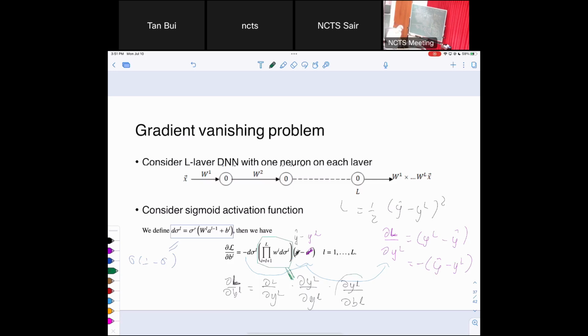And this one, dy_l, because y_l is equal to sigma of w_l y_{l-1} plus b_l. Because of that, this is nothing more than equal to d sigma_l, right? d sigma_l.